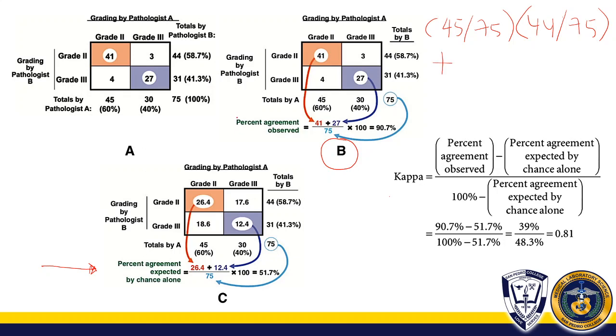Plus, the next one to look at is grade 3. So you do 30 divided by 75, the total readings, times pathologist B's count for grade 3, which is 31 divided by 75. Let us try to compute.